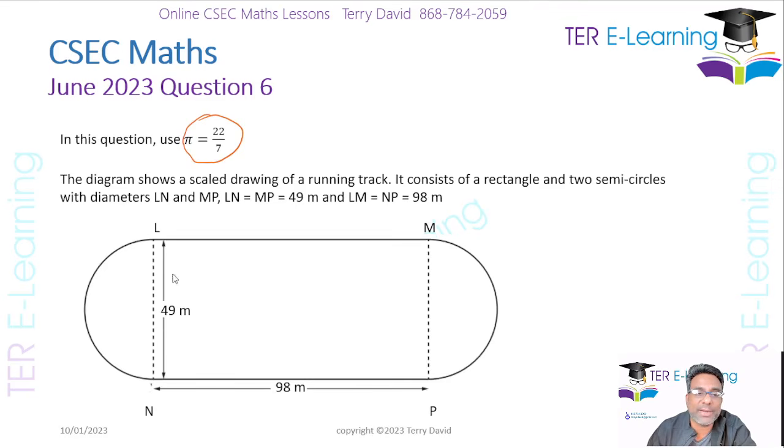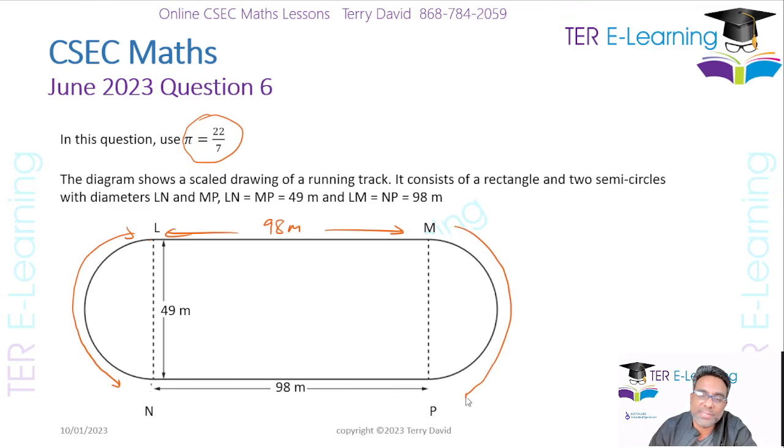So the length of the track we're talking about here is the perimeter of the shape. That's essentially what we're doing. Now, this here is 98 meters on this side, so all I really need to do is figure out what this curved piece here is, and what this curved piece here is as well. Now the thing is, those two curved pieces are going to add up as if we had one circle.